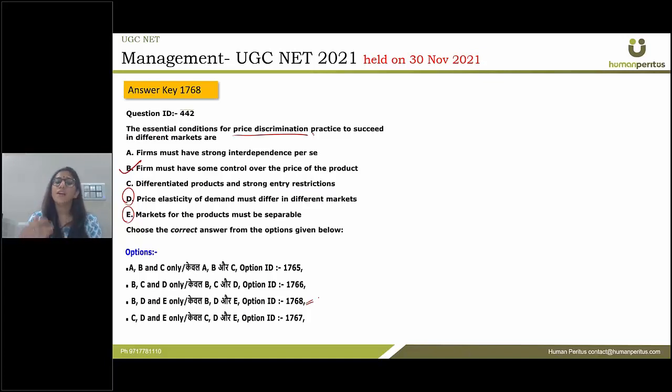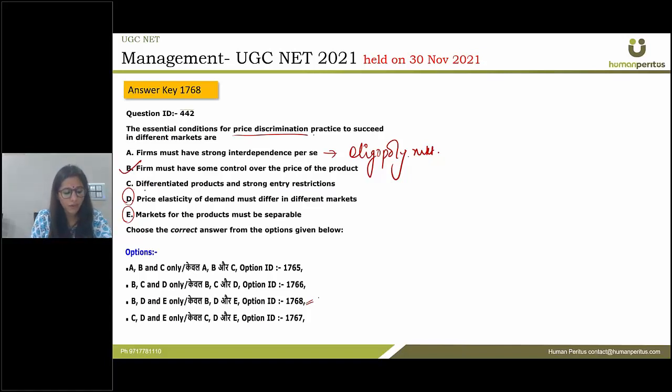In other kinds of markets also, this can be practiced as a marketing or pricing strategy, but this option A is a clear feature of an oligopoly market. So if we see the option in that context also, it gives us a clear idea that this cannot be a correct one.